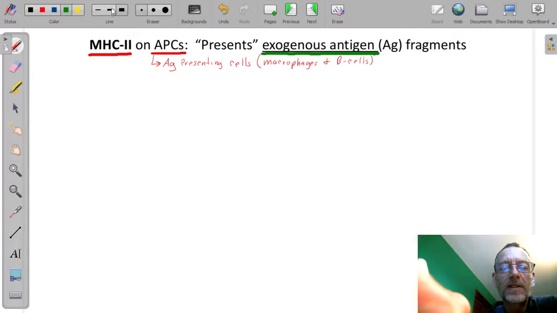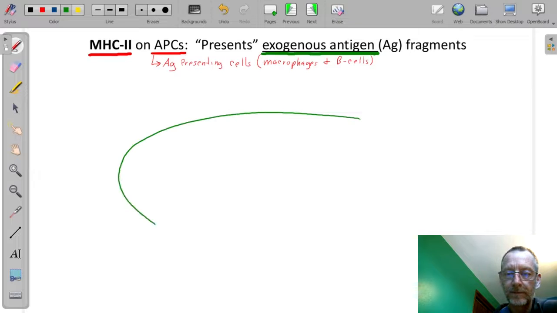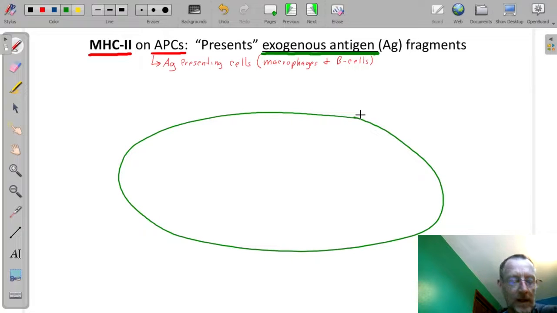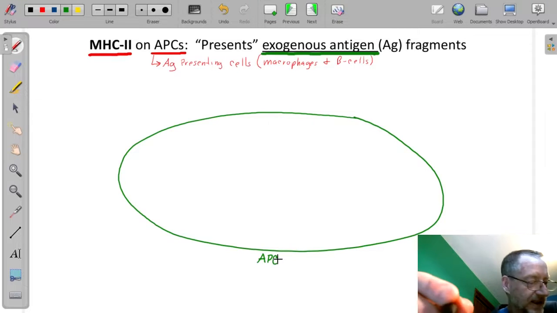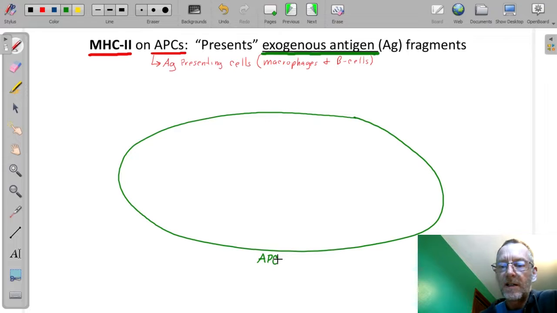So let's draw another picture of a cell. Something like that. So this is our APC, our antigen presenting cell, either a macrophage or a B cell typically. So these are phagocytic cells, for example, the macrophage, and here is our bad guy.